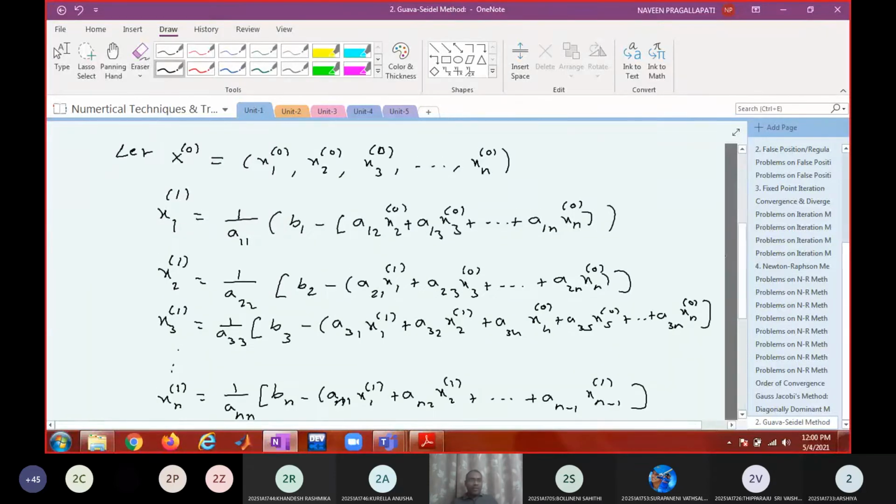Now if I want the k plus 1th approximation, these will be kth approximations, kth approximation, kth approximation. But here this will be k plus 1th approximation because that is updated. This is not updated, therefore it is kth approximation. This is kth approximation, and this is nothing but k plus 1. Is that okay? Similarly here also k plus 1.